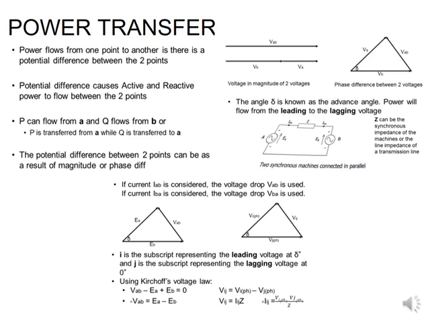Using the same Kirchhoff's law, I can utilize exactly what I had on the left-hand side and say that my Vij will simply be equal to Vi minus Vj.